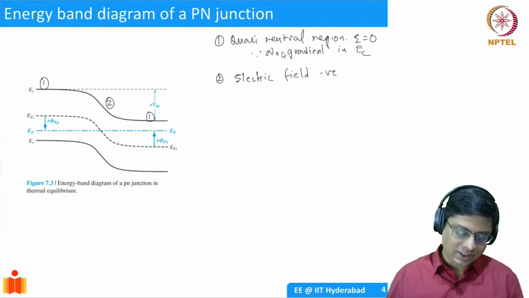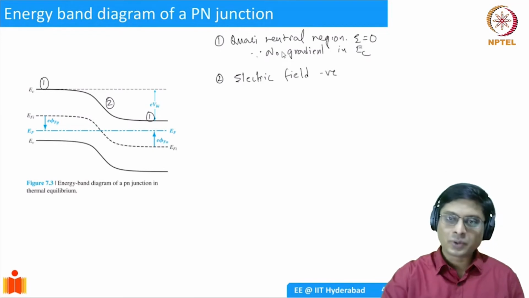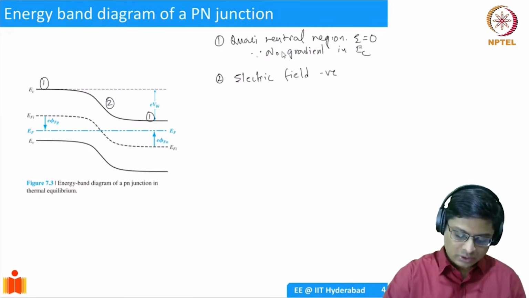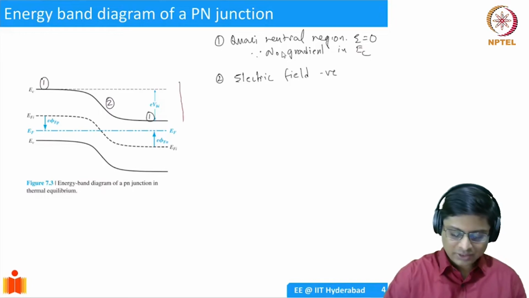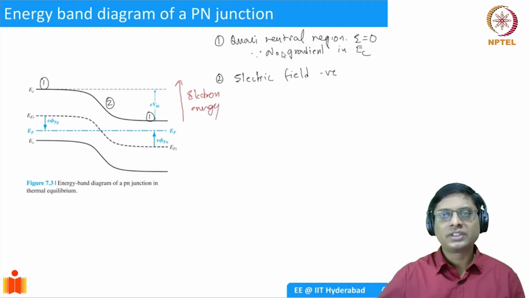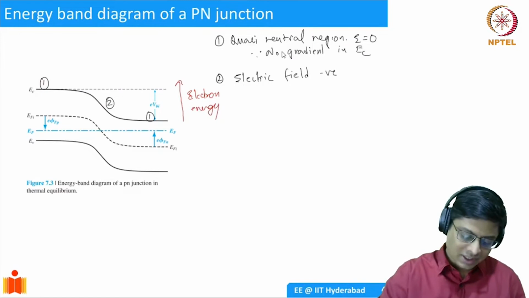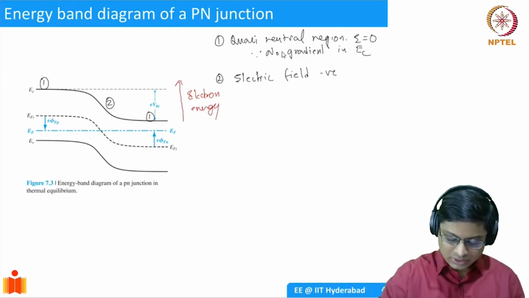Well, remember what we said about the energy, right? If you go towards the upper side, this is essentially electron energy. So electron energy increases as you go into the higher energies. And similarly, if you go towards lower energies, this is increasing hole energy.